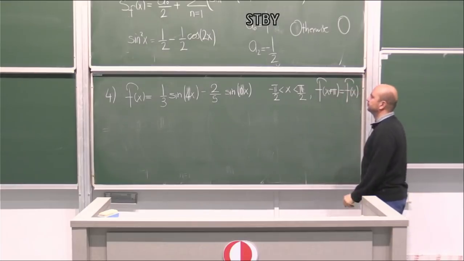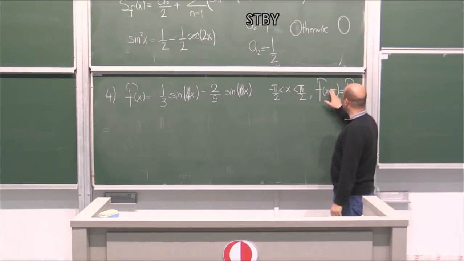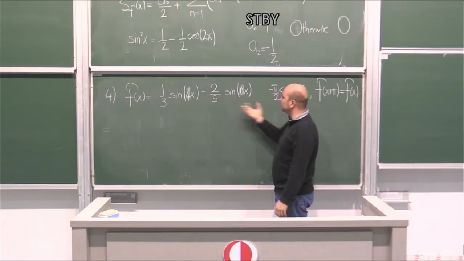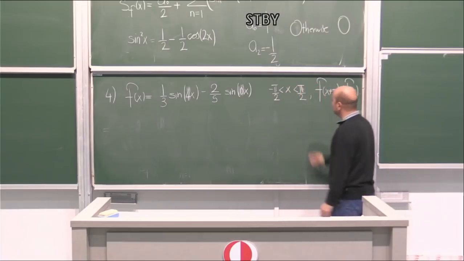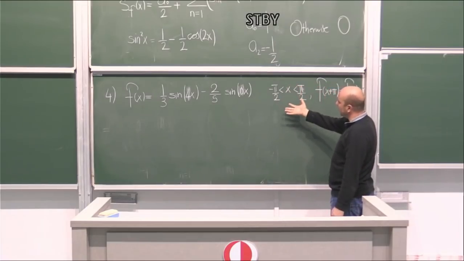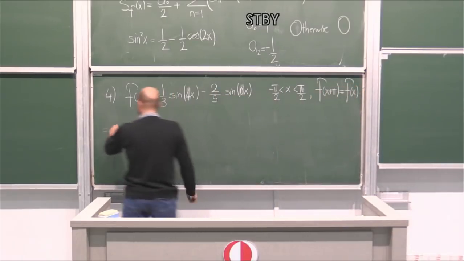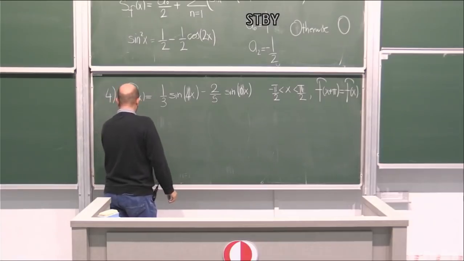How about this one? Again, we have a sine function. If you want to escape from computations, let's look at whether I can express this somehow as the Fourier series of the original function. So let me first check: if I had the Fourier series of this function, what kind of expansion would I have?